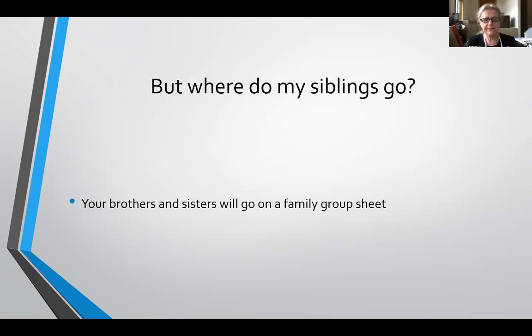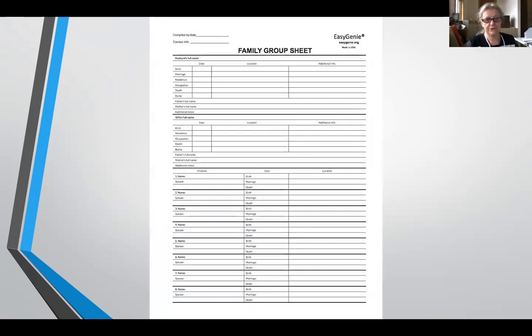Oh, but where do my siblings go? There isn't room on a pedigree chart for all your siblings and aunts and uncles and so forth. But there is a special sheet called a family group sheet, and it looks like this.